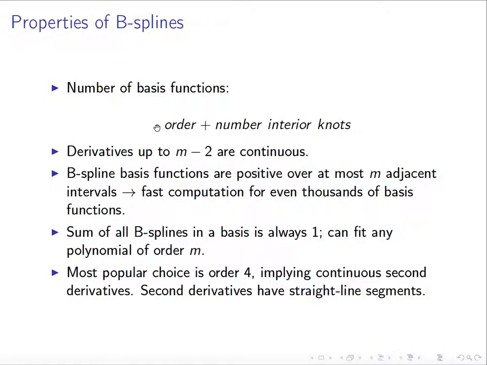The cubic B-spline means order equal to 4, so 4 plus 11 is 15. So for cubic, order 4 B-splines, we will have 15 basis functions. This is about the number of basis functions. Therefore, if you determine the order of the B-splines and decide the number of interior knots, then you decide the number of basis functions.